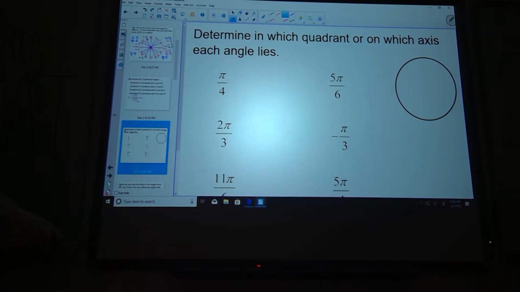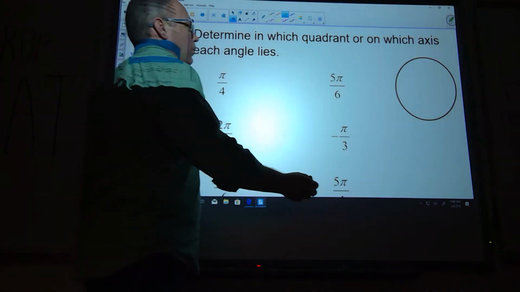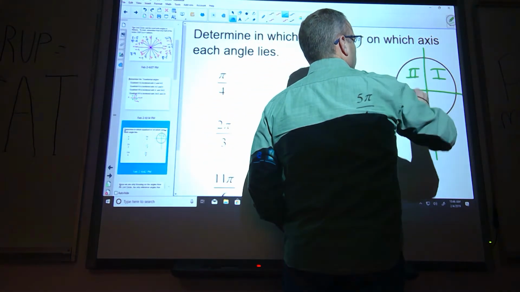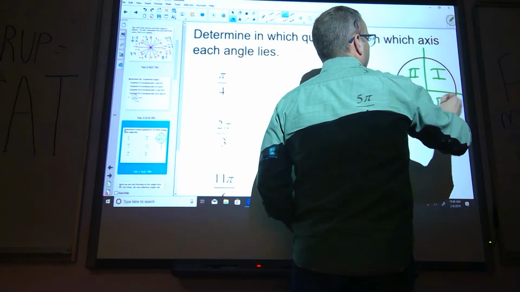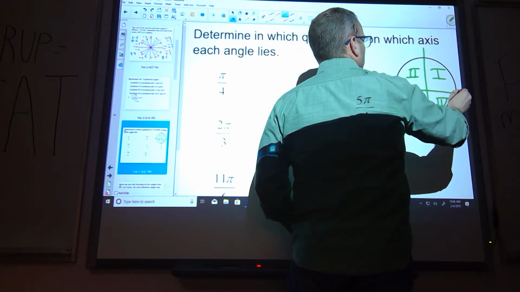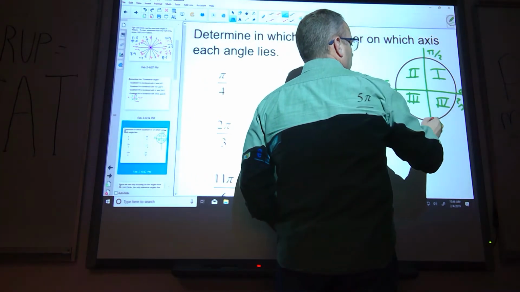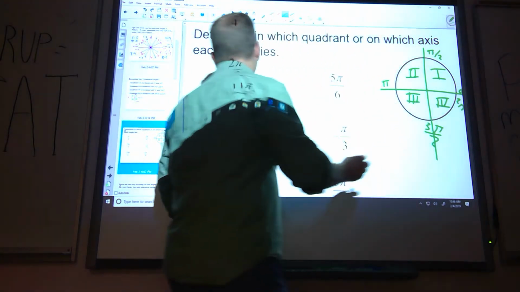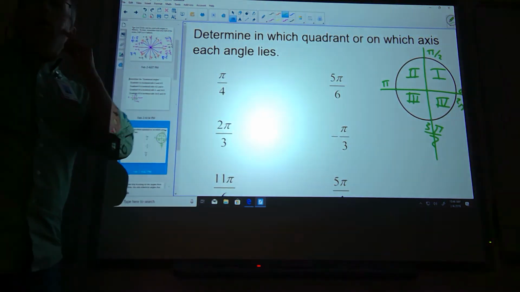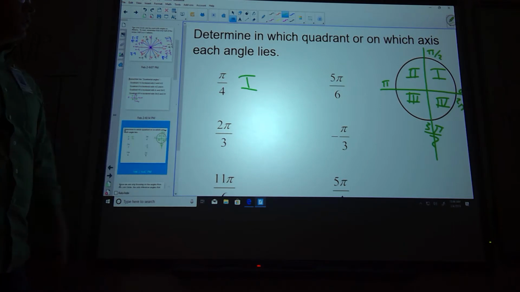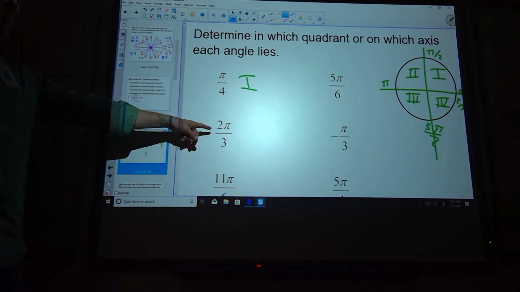All right. Determine what quadrant or axis it lies on. So remember, 1, 2, 3, 4, and then 0 and 2 pi, pi halves, pi, 3 pi over 2. Where's pi fourths? Quadrant 1. Where is 2/3 pi?